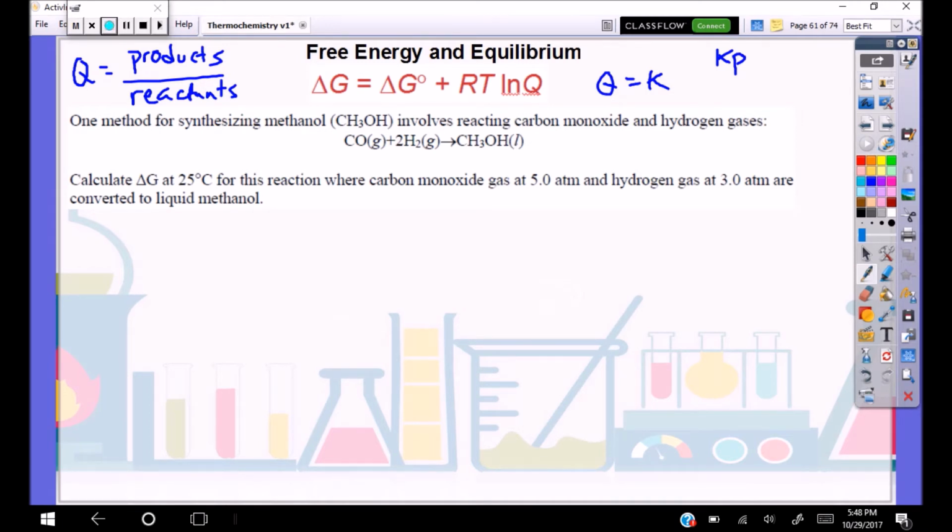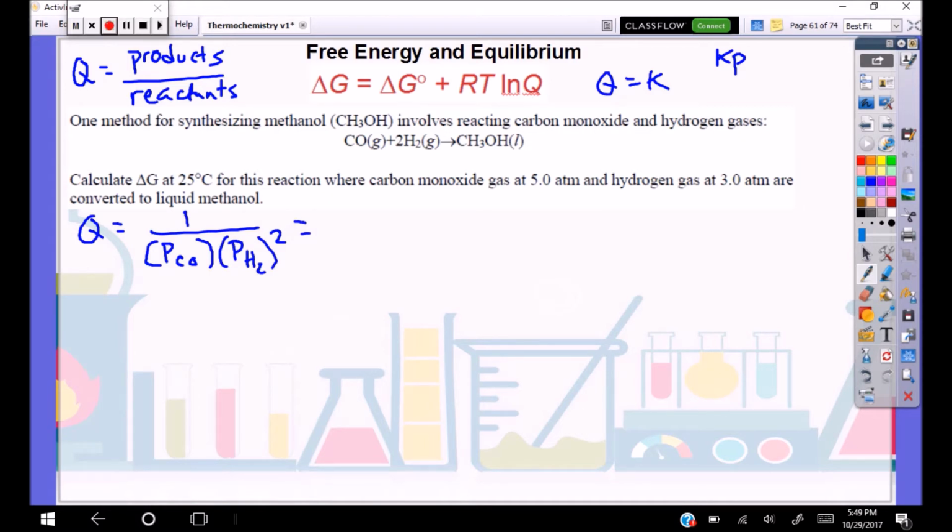So when we make our Q, actually, let's go ahead and make our Q now. On the product side, we don't have any gases, so we can just put 1. We have 1 over the pressure of our CO, carbon monoxide, times the pressure of H2. But remember, we have to account for the exponents. That has a coefficient of 2, so we do have to square it.